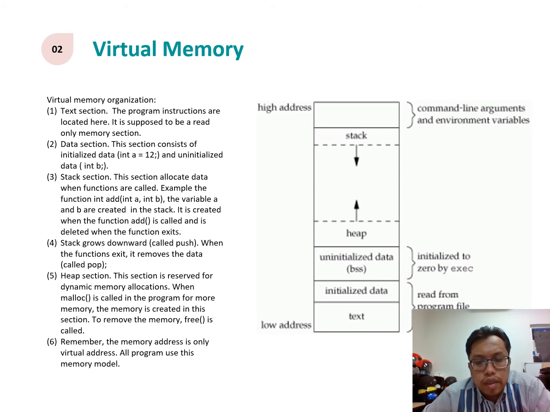This is the composition of the virtual memory of a program. This is just a visualization of how the data of a process ID of a program is organized within the virtual memory.